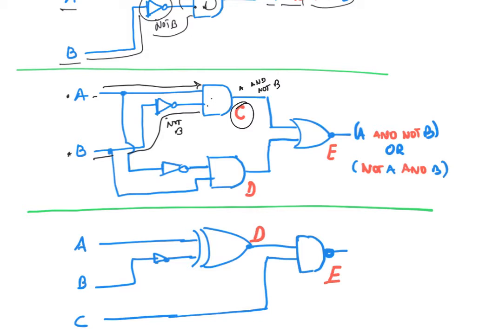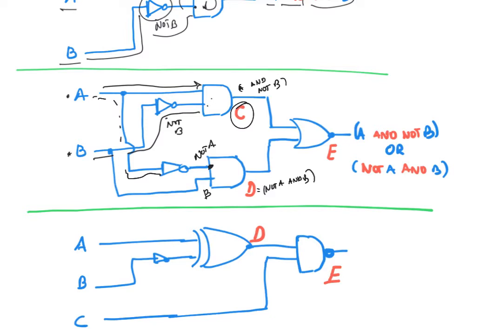Now in the same manner, let's look at this point here. This is coming from a NOT, and I'm going to look at what it's applied to: not A. So this is not A, and this is B. So I can say that D is not A and B, right? I think for some of you this is going to look familiar.